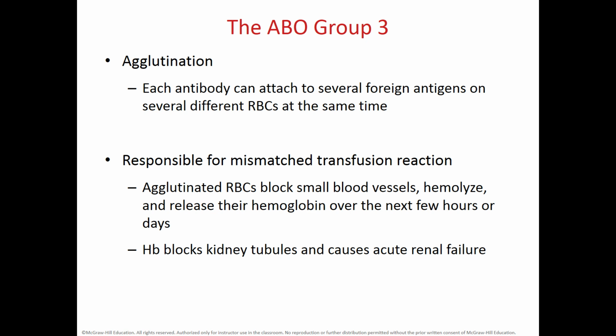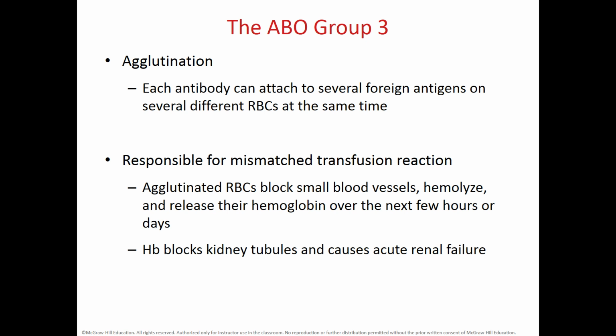And these antibodies, once they bind to these antigens, will set off an immunological reaction to destroy these foreign red blood cells, or foreign antigens in the red blood cells. So you will have hemolysis, and you will start releasing hemoglobin over the next few hours or days, and then you will have the conversion of this heme group into biliverdin, bilirubin, and then you have this yellowish color in the skin.